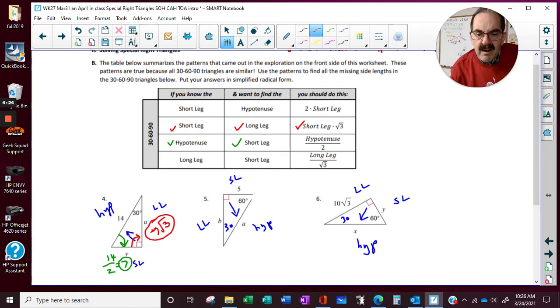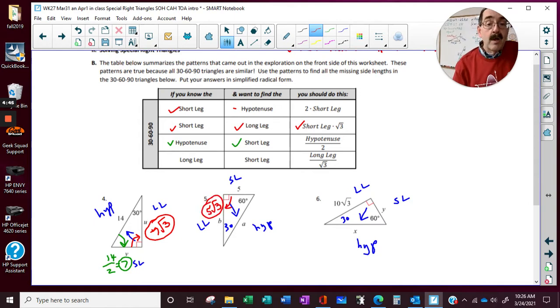Now this one gives us the short leg. If we go from the short leg to the long leg, we multiply by radical 3. Let's just get that out of the way. 5 radical 3. Done.